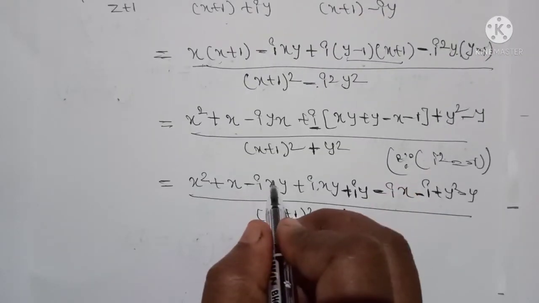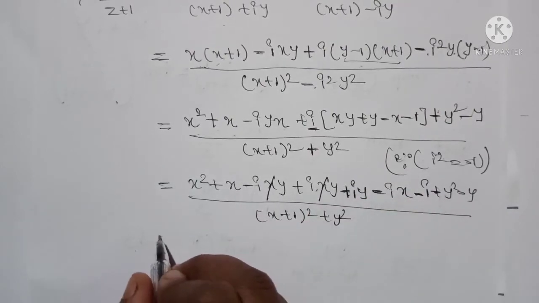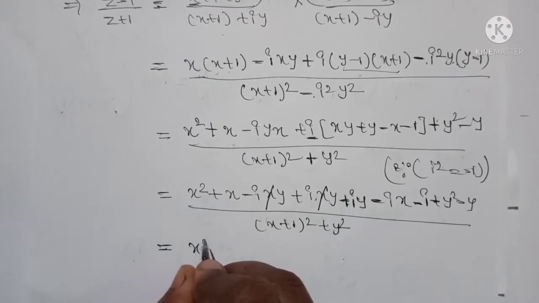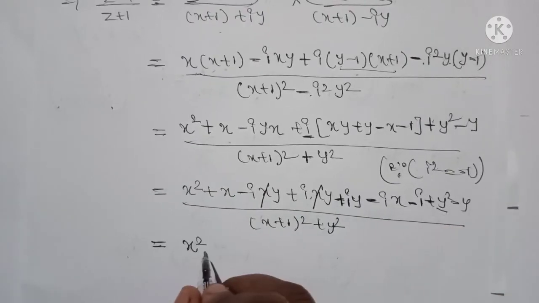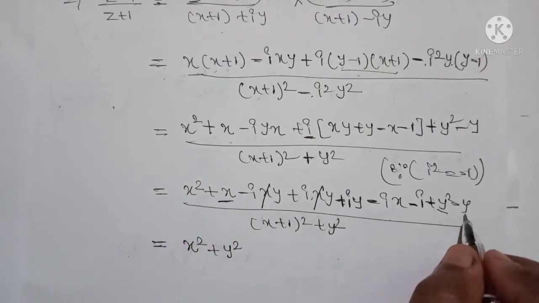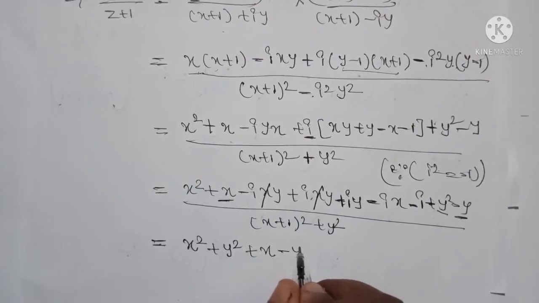Now this ixy and this ixy cancel. We get x squared plus y squared plus x minus y.